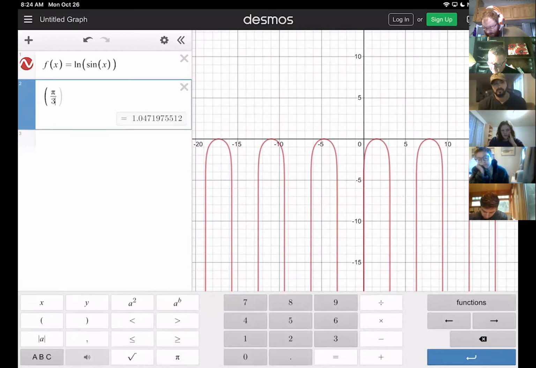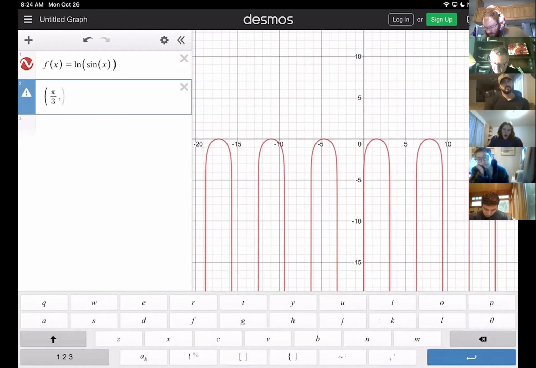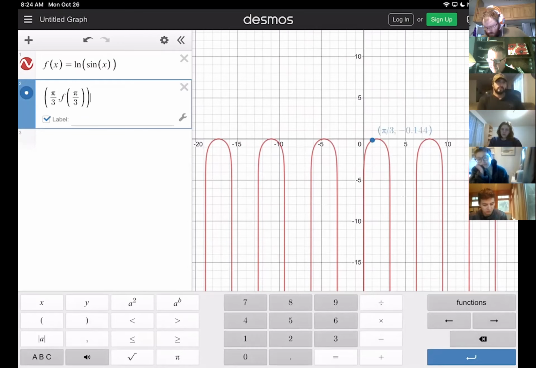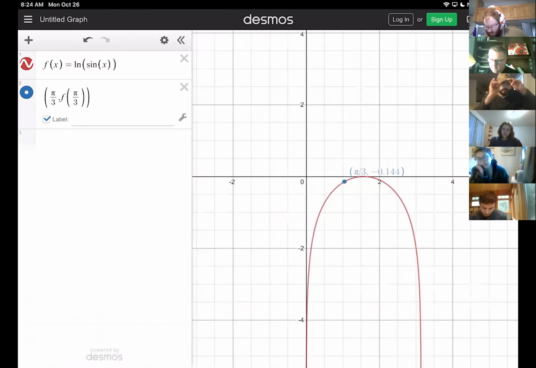And because of the language of algebra, instead of figuring out the y coordinate, I can just say f of pi over 3, and I don't have to figure it out for myself because I'm lazy. No, I'm not lazy. I'm just smart. Don't want to waste my time. So there's our graph right there.